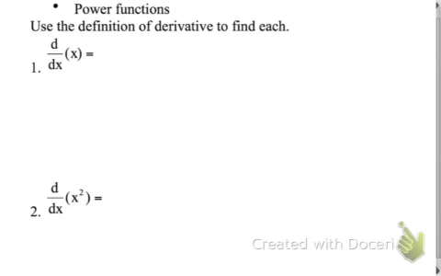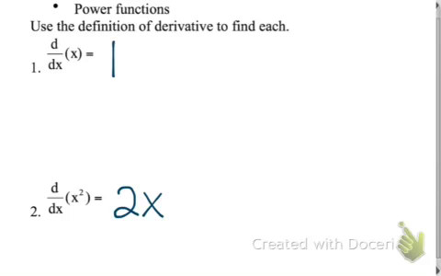Power functions. Now we're going to come up with a rule basically for polynomials, for any x to some power. What I have here is use the actual limit definition to find each. I'm just going to skip that and say the answer to the derivative of x, if I actually did the limit as h goes to 0, I would get 1. The derivative of x squared, if I did that out, I would get 2x.